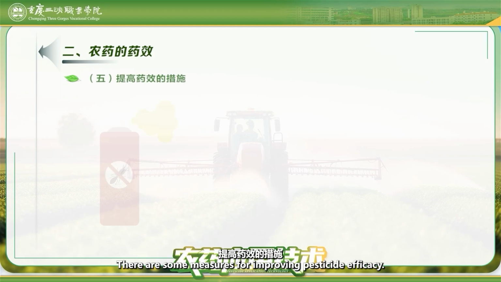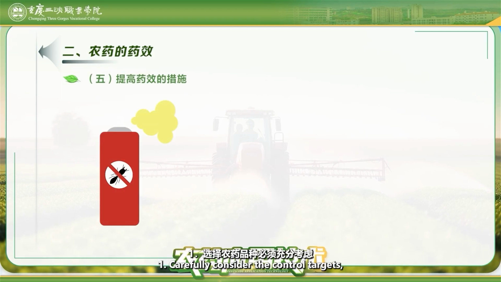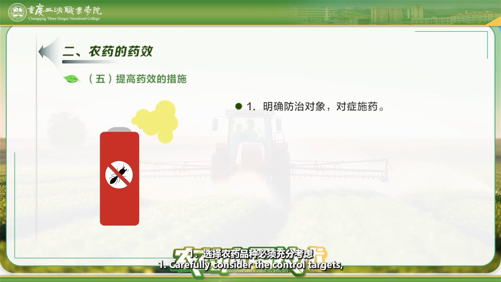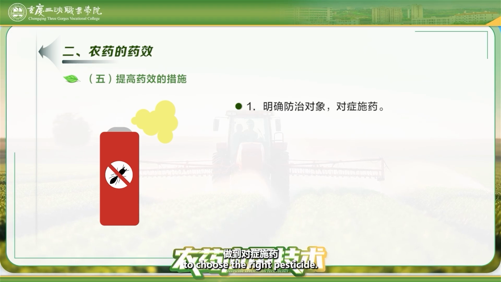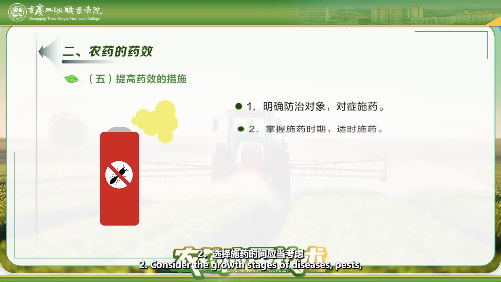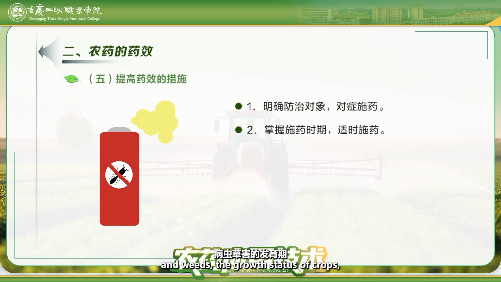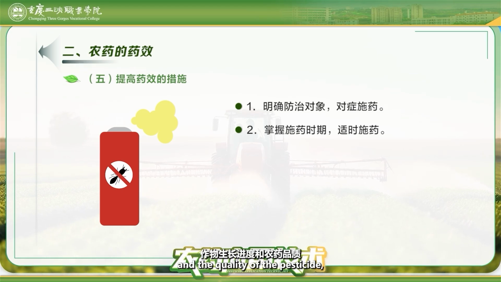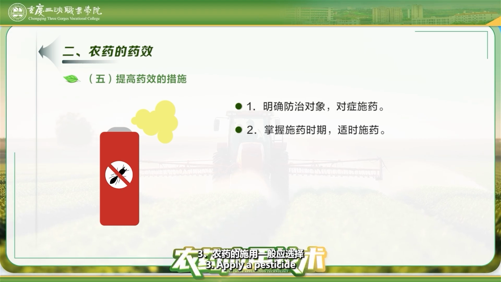There are some measures for improving pesticide efficacy. 1. Carefully consider the control targets, crop species, and their growth stages to choose the right pesticide. 2. Consider the growth stages of diseases, pests, and weeds, the growth status of crops, and the quality of the pesticide to ensure timely and effective treatment. 3.